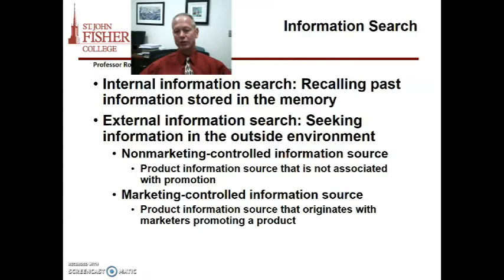Obviously, when you buy a pair of jeans, you're comfortable with a pair of jeans, you could go back and buy that pair of jeans again, but one of the problems is you don't wear the same clothes every single day. You want to switch it off. So that's why, generally speaking, you have an external information search. That is much, much more vulnerable to advertising and to marketers' control.